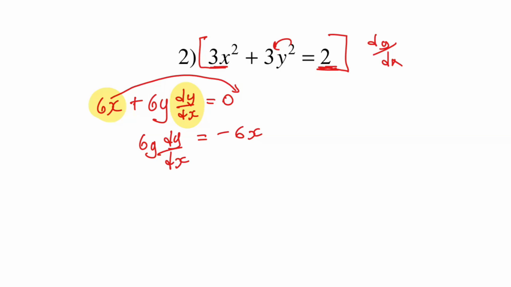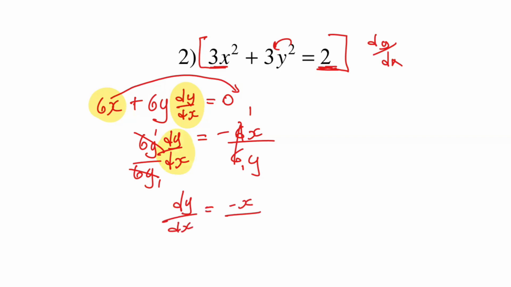Finally, we're going to divide both sides by 6y so that this could cancel into itself. That's one time. So we're going to divide this by 6y as well. As you could see, our dy/dx is now isolated. On my left side, I see where I could cancel stuff, for example 6 into itself one time. So dy/dx is actually negative x over y.